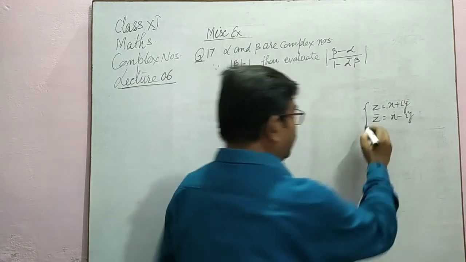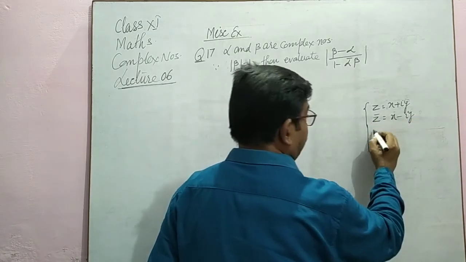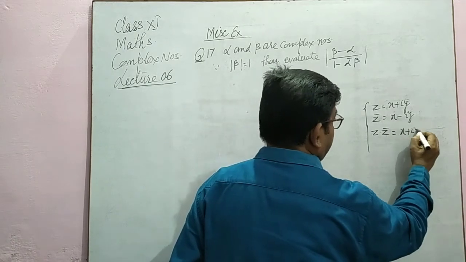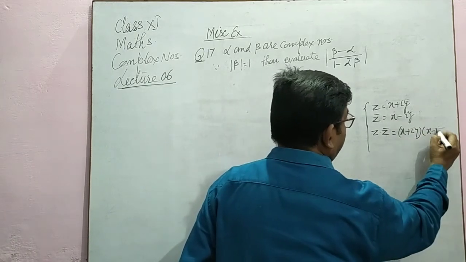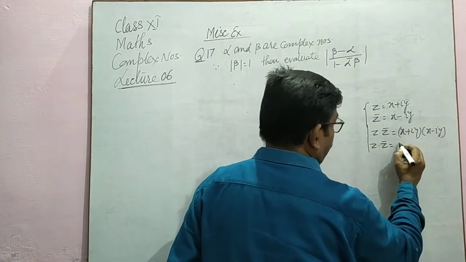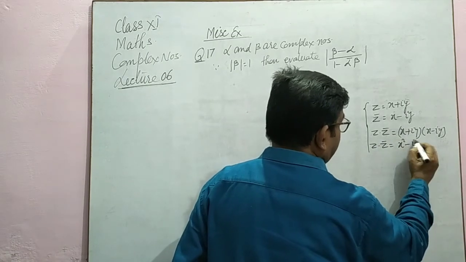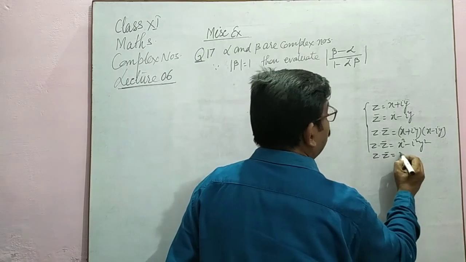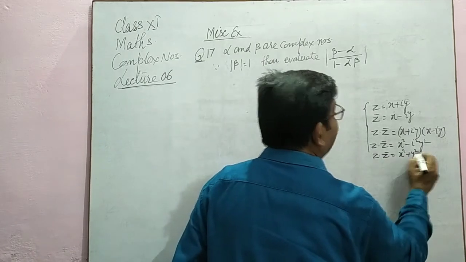If we multiply, z into z bar is x plus iy into x minus iy, which gives x square minus i square y square. So z into z bar is equal to x square plus y square.